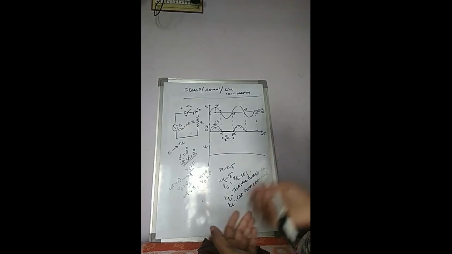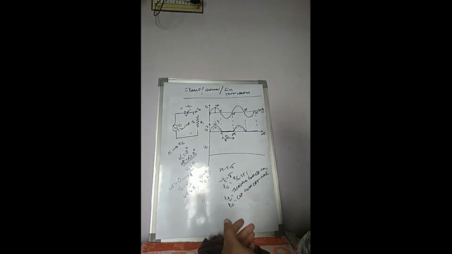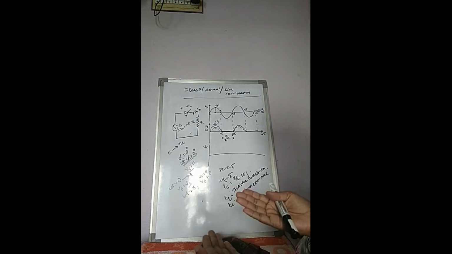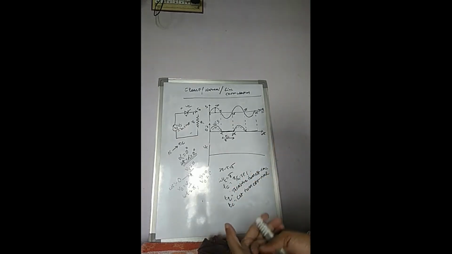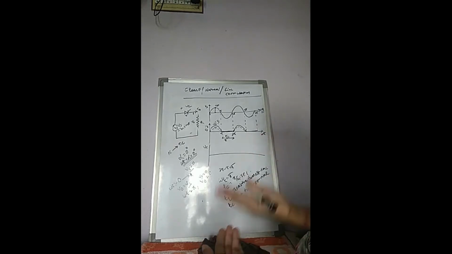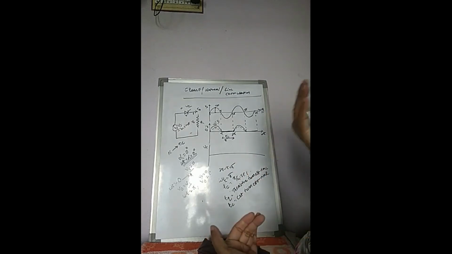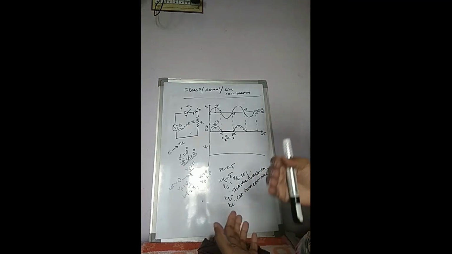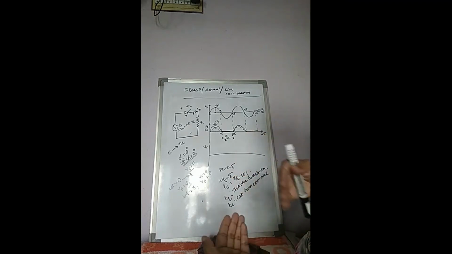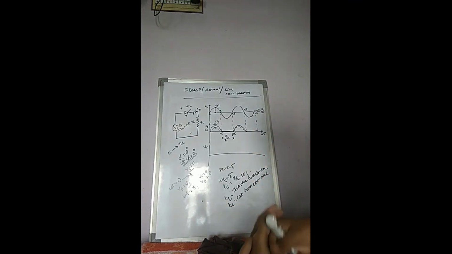Why? Because I already told you in the switching characteristics of thyristor that after turning off the thyristor, there are some excess charges present in the layers of the thyristor. Due to those charges, the thyristor may turn on for some more time, even if it is in reverse blocking mode and the current is below the holding current, because of the presence of excess charge carriers.